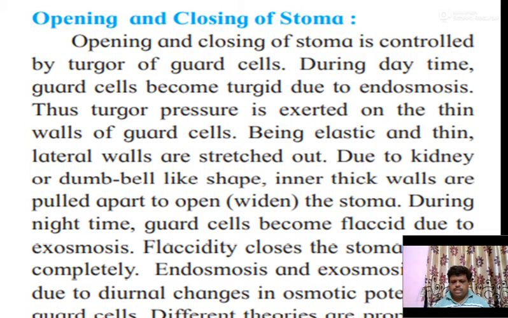Thus, turgor pressure is exerted on the thin cell wall of the guard cells. Being elastic and thin, the lateral cell walls are stretched out due to the kidney and dumbbell shape. The inner thick walls are pulled apart to open the stoma. During night time, guard cells become flaccid due to exosmosis.